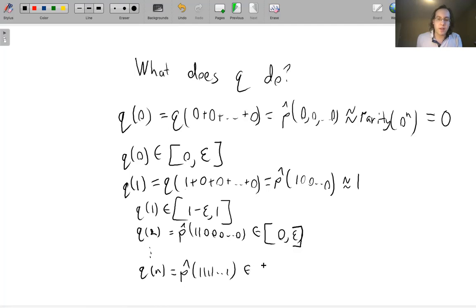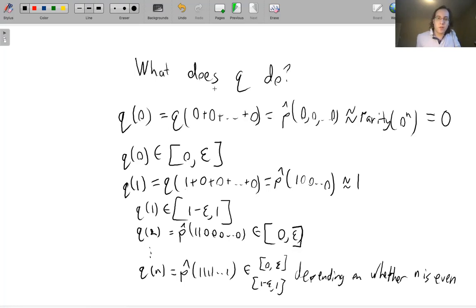So it's either in the range 0 to epsilon or in the range 1 minus epsilon to 1, depending on the parity of n, on whether n is even.